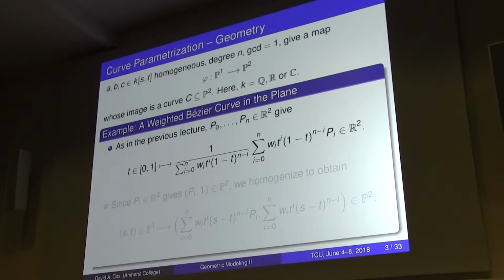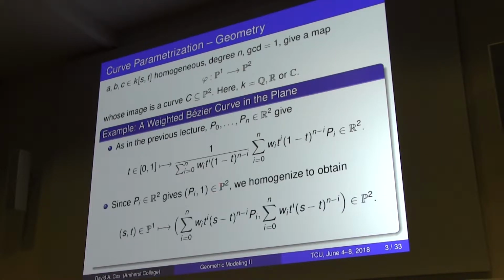And so, for example, think about the weighted Bezier curve in the plane. So here we had points in the plane, and here's the formula I had. Remember, the weights mean we have to divide by this to preserve the convex hull property. And so here's this rational parameterization of a curve in the plane.